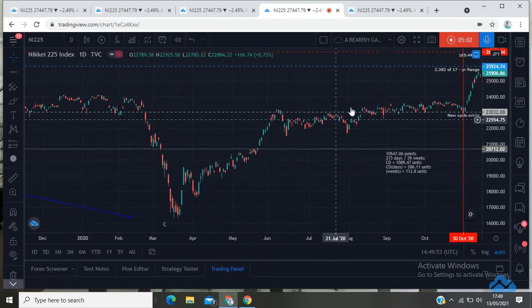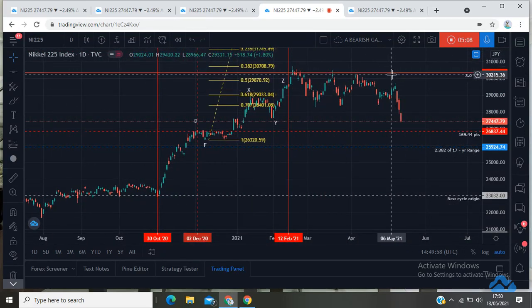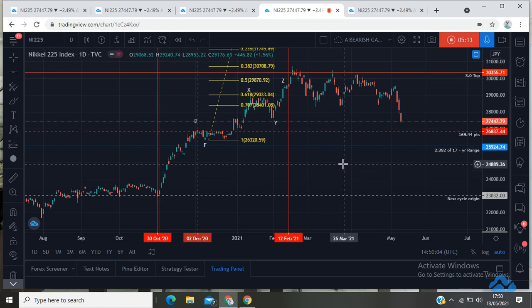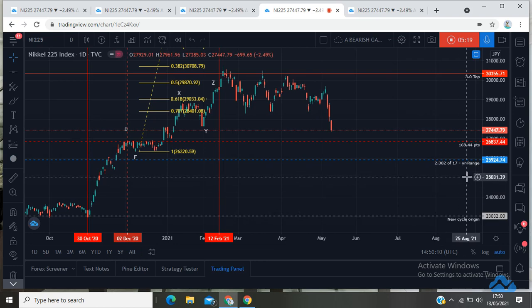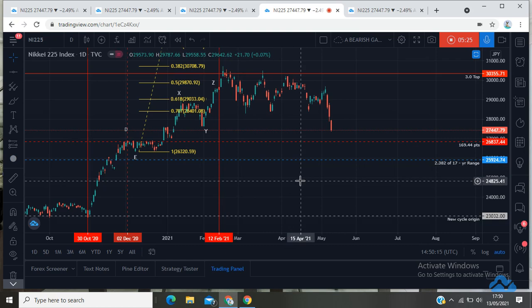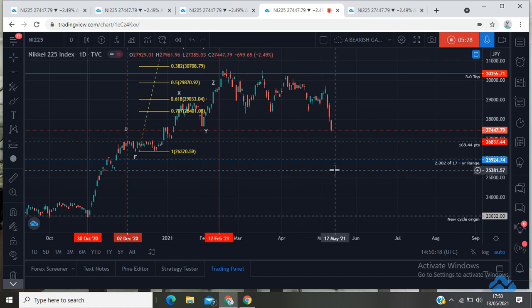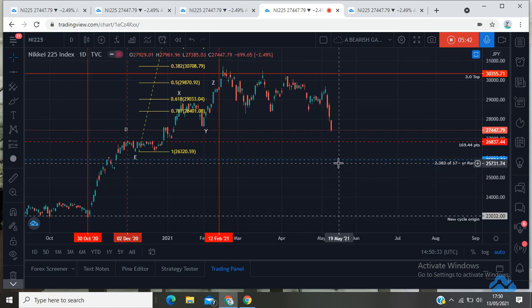So between that 2.0 range and the 3.0 range, if we check the fib for that range, then the 0.618 correction ratio of that range is where we have put this blue line here. That is the 25924 price level. That is the 0.618 correction range of the 17-year square range. So that is a very strong level to also be looking for.